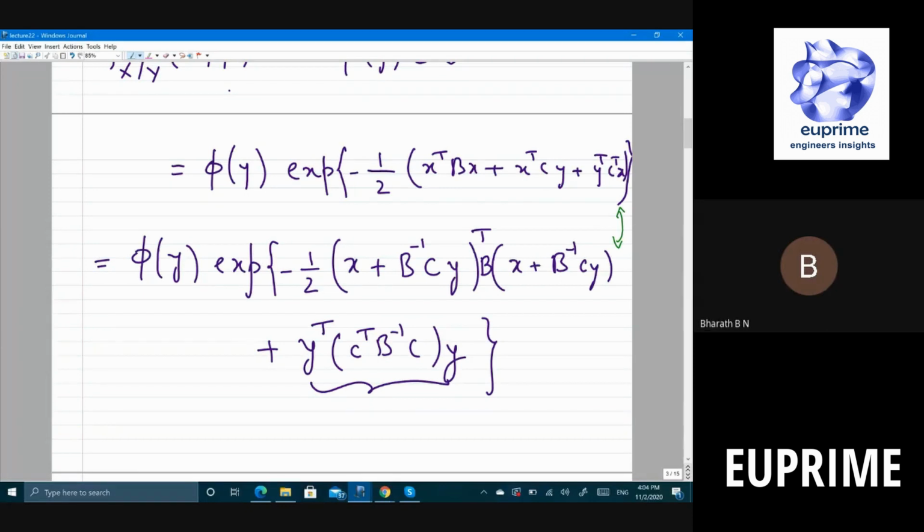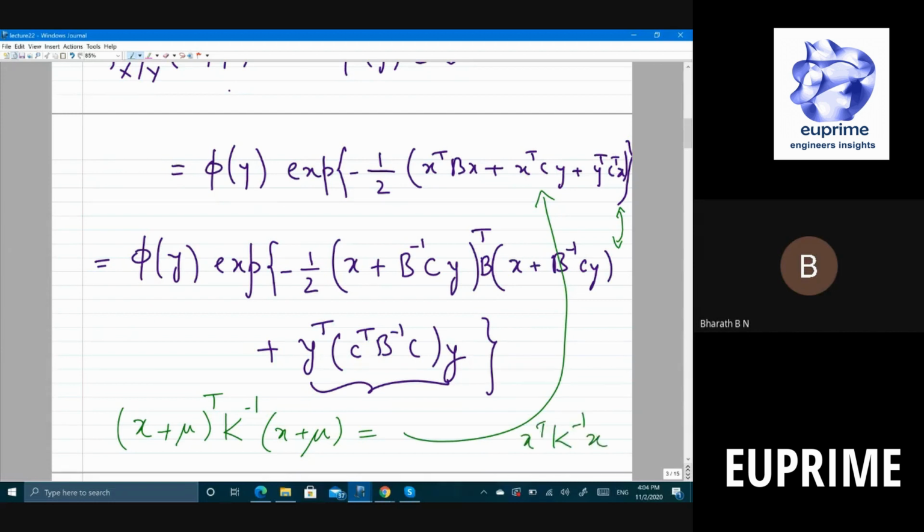Essentially, what is the form that you need? You need this form: X plus mu transpose K inverse X plus mu. That should be equal to this thing. Now figure out what mu should be and what K should be. That's all. Yes, sir. Do the algebra, I'll leave it for you. See, what is this? This is X transpose K inverse X. That is one term.